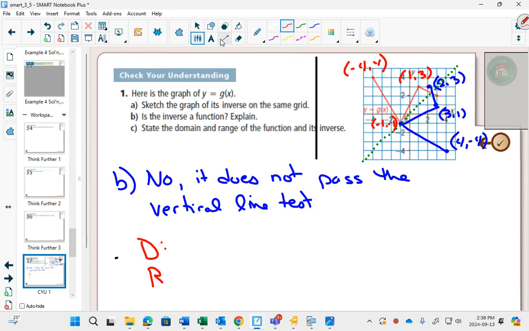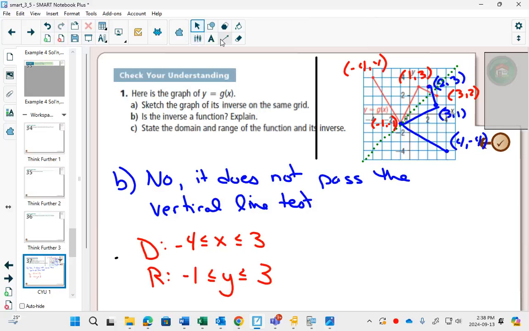So on the red one, which is the original one, our domain x values start at negative 4, and the biggest x value looks like it is at, oh, I didn't even label it, 3. And the y values start at minus 1, and the biggest y value goes up to 3.